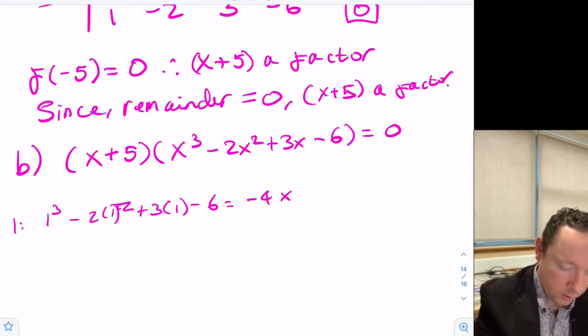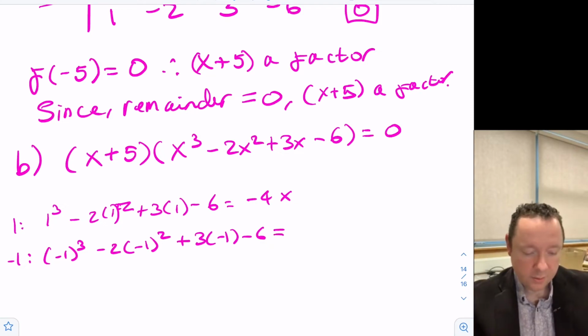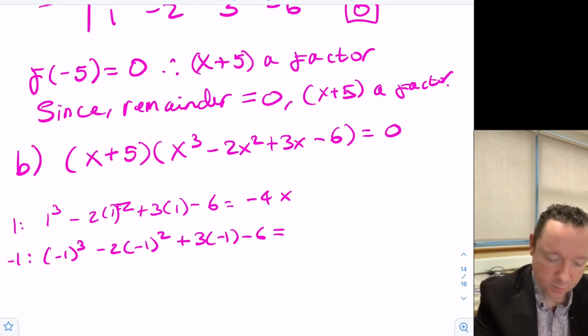So it's not that one. Try minus 1. You get minus 1 cubed minus 2 times minus 1 squared plus 3 times minus 1 minus 6. Minus 1 cubed is minus 1. Minus 2 is minus 3. Minus 3 is minus 6. Minus 6 is minus 12. So it's not that one.